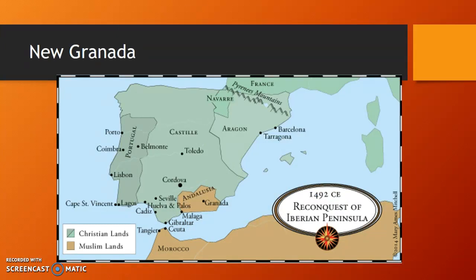And then the last one I'm going to touch on is the conquest of New Granada. And this is actually in the homeland.